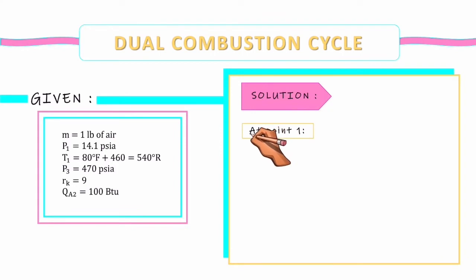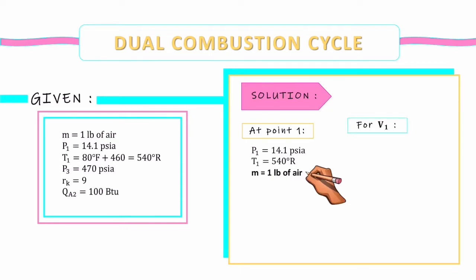For the solution, at point 1, we have given values of pressure at point 1, which is 14.1 psi absolute, temperature at point 1, which is 540 Rankine, and mass of air, which is 1 pound. Since we have a given pressure, temperature, and mass of air, we can now solve for the volume at point 1.